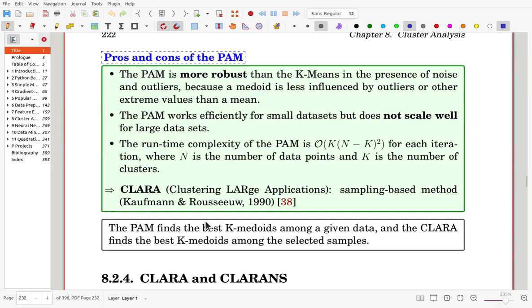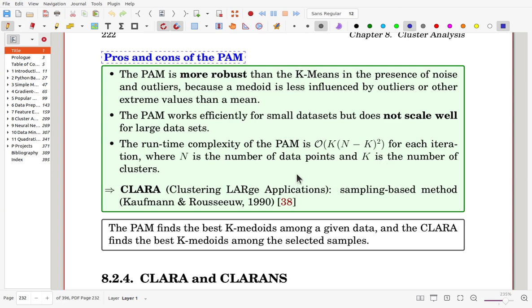Okay, here, PAM is more robust than K-means in the presence of noise and outliers. PAM works efficiently for small data sets, but does not scale well for larger data sets. The runtime complexity of PAM is given in this way for each iteration.